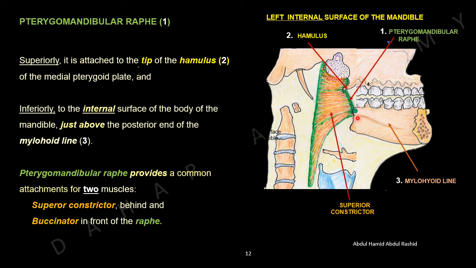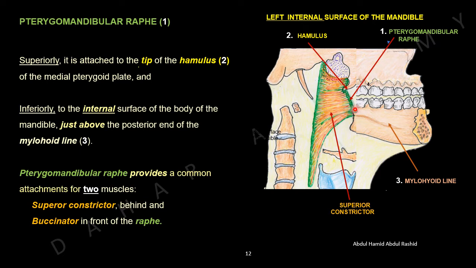pterygomandibular raphe. Now we are going to talk about the pterygomandibular raphe. Superiorly, it is attached to the tip of the hamulus of the medial pterygoid plate, and inferiorly, it is attached to the internal surface of the body of the mandible just above the posterior end of the mylohyoid line, which we are going to see next, and which is below the third molar tooth around here.